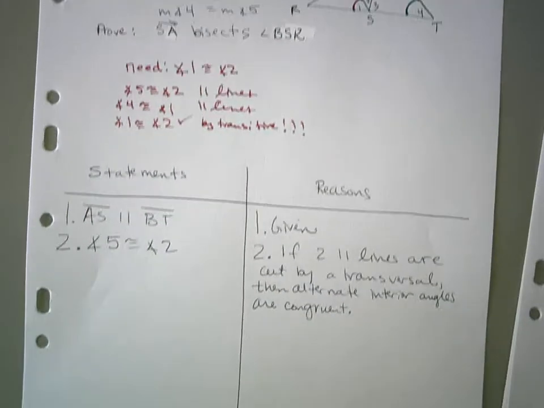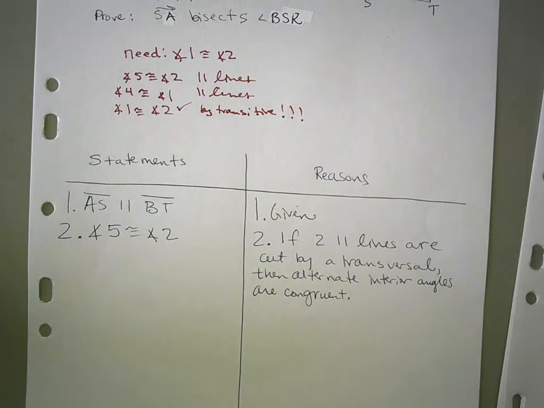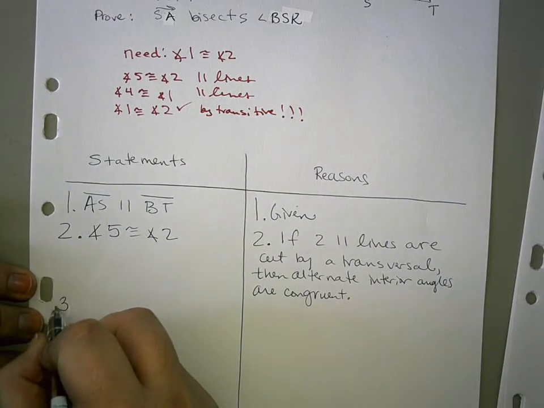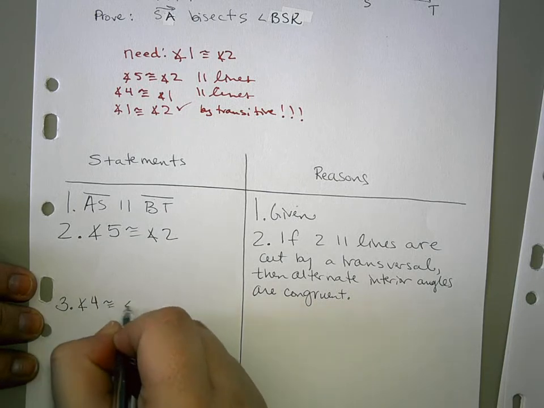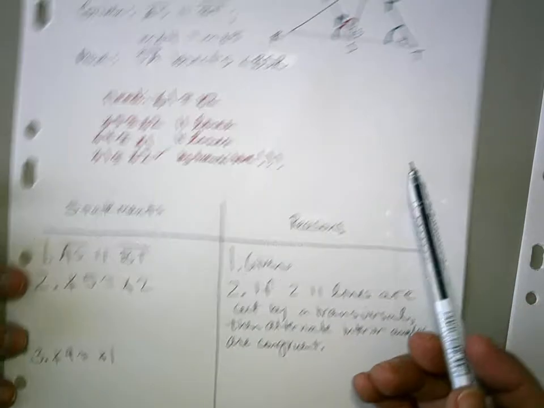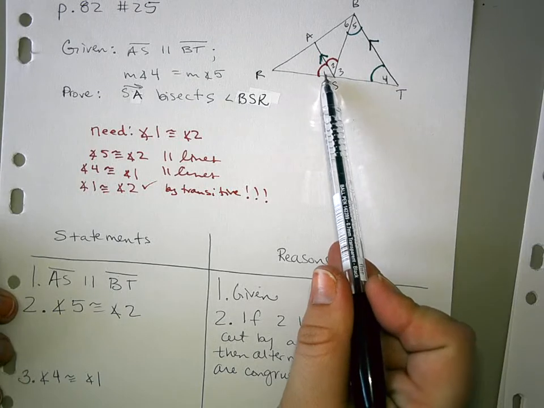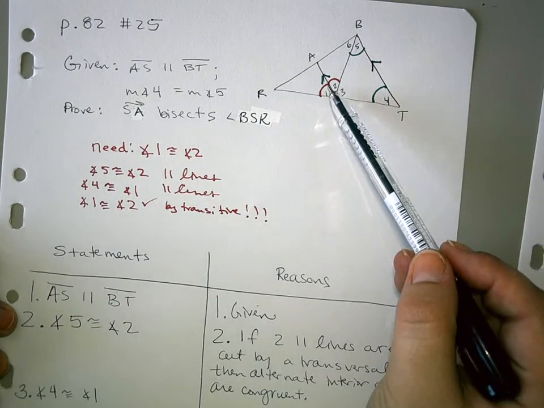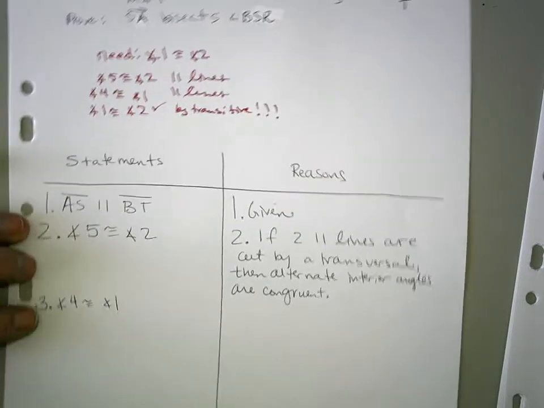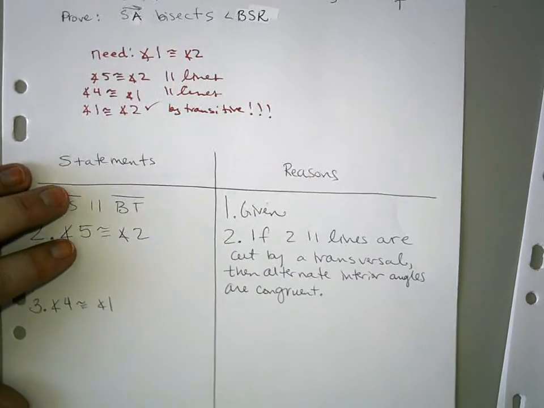Now, even though we're using the same parallel lines to prove that angle 4 is congruent to angle 1, angle 4 and angle 1 are corresponding angles, whereas angle 2 and angle 5 were alternate interior angles. So it's a different theorem, therefore I'm going to have to write it as a different step.